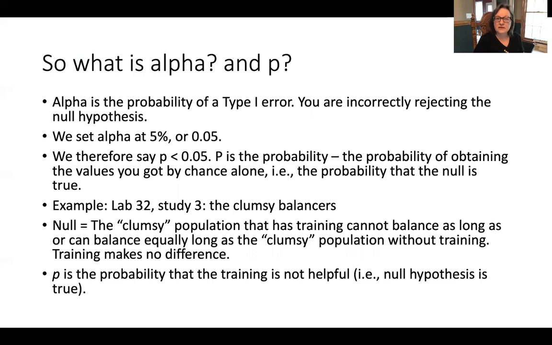So P is 0.05, the probability that training is not helpful. We set that P level at 0.05 so that the results you get are either more like the null hypothesis, or if they're different enough that there's only a 5% chance that they are the null hypothesis, then we'll accept the alternative hypothesis, and we will reject the null.